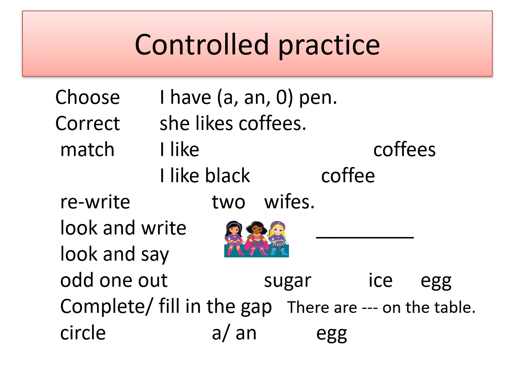Circle, similar to choose: circle a or an with egg. So egg is a countable singular noun, so we have to use an, because it begins with a vowel E.